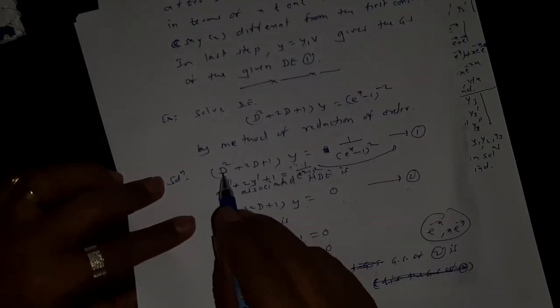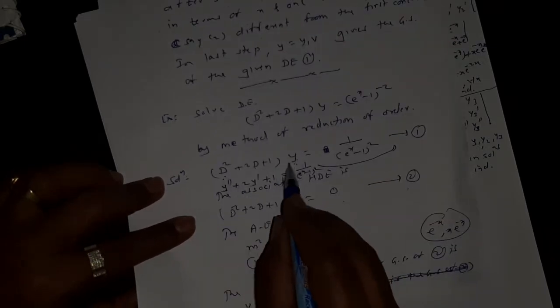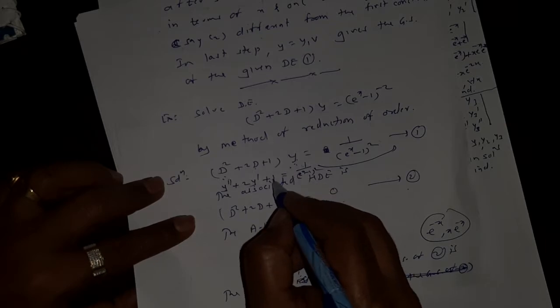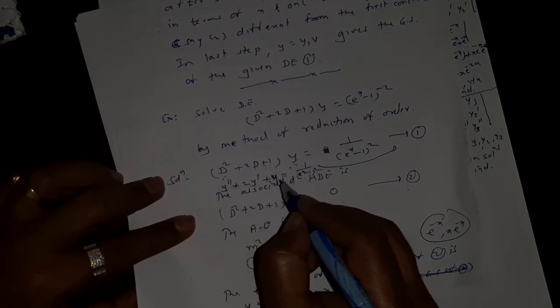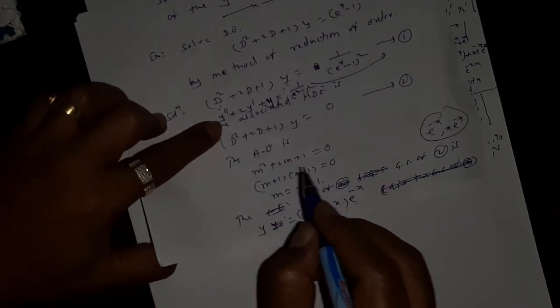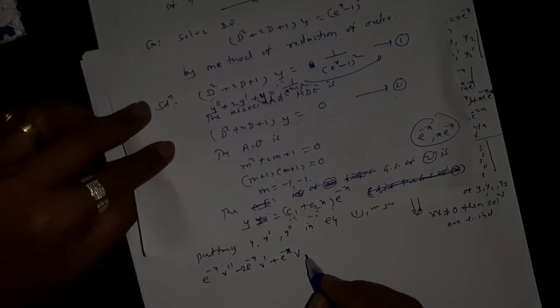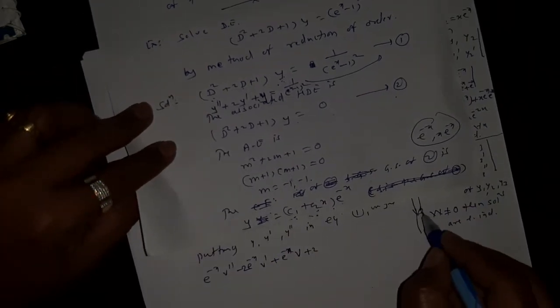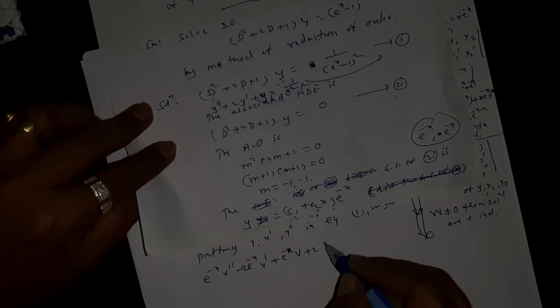Y double dash, d square y means y double dash, plus 2 dy means 2 times y dash, and plus 1 into y means y. So y double dash plus 2 times y dash. So y dash is what?